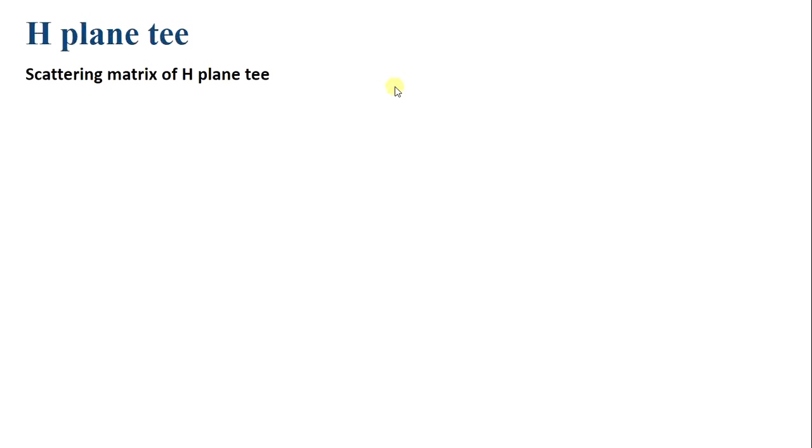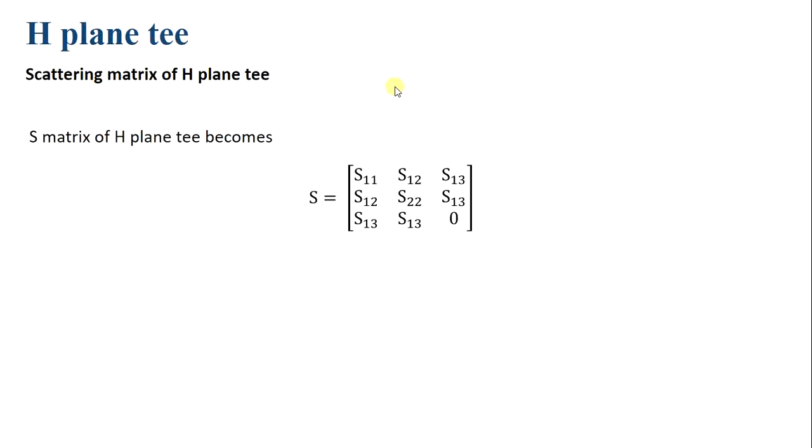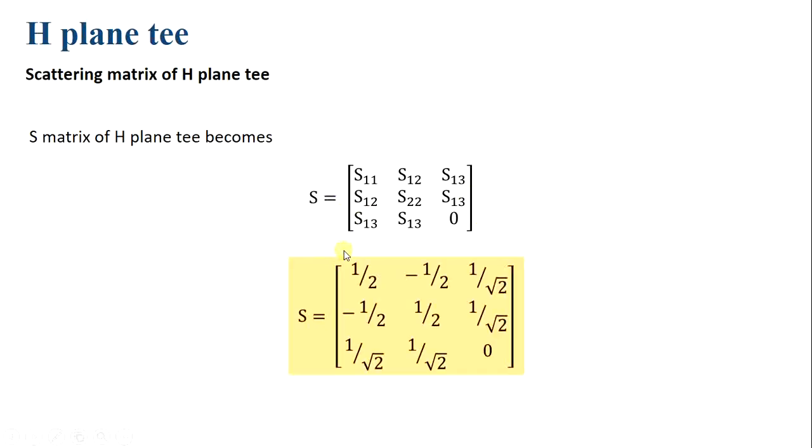So the S matrix of the H-plane T becomes, after putting all the values of S11, S12, S22 in this equation, this.